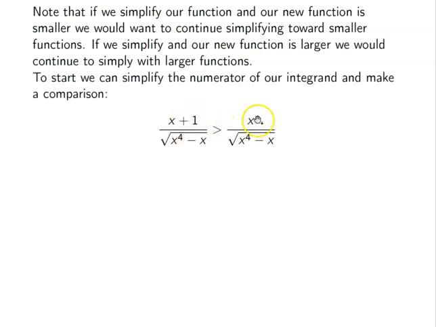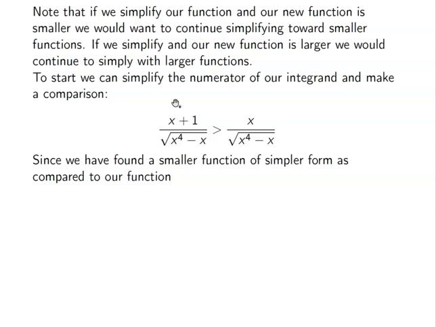So if I go from x plus 1 to just x, this is always smaller than this function. So if I'm starting to go smaller, I'm going to do some math here to try to find stuff equal, but if I can't find stuff equal, I'll continue to try to go smaller, so that I'm always smaller than this original function. And in that case, I'd be looking for something that diverges, because that's what we have for that side of the inequality.